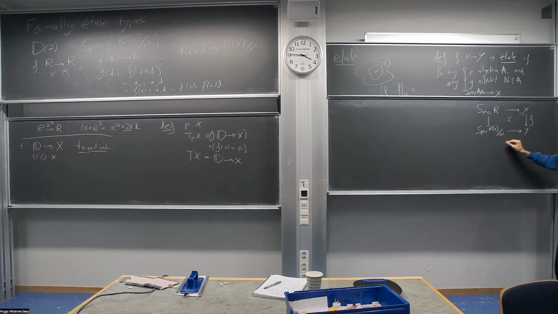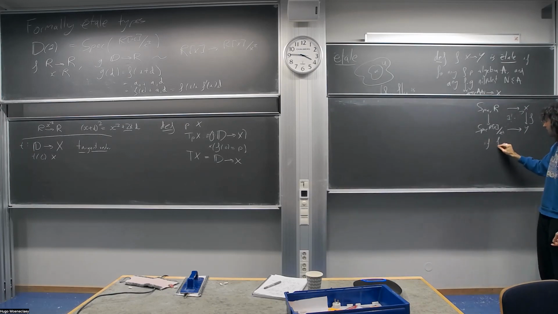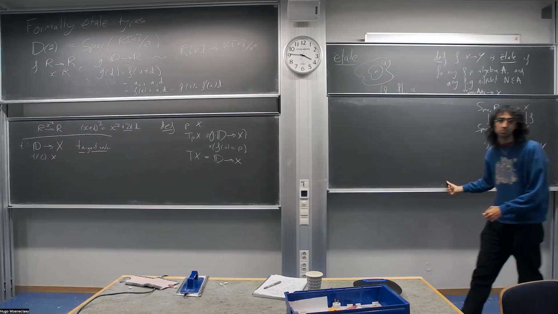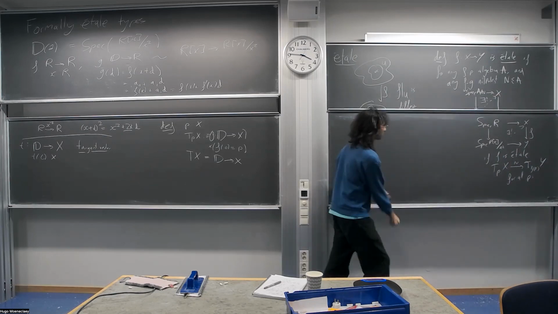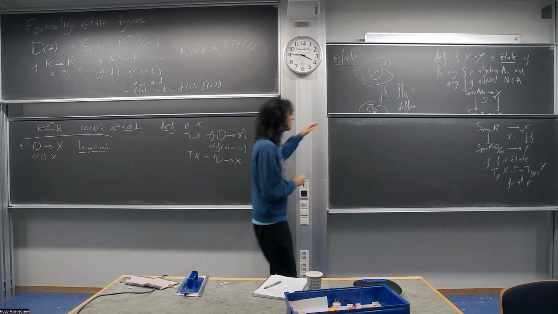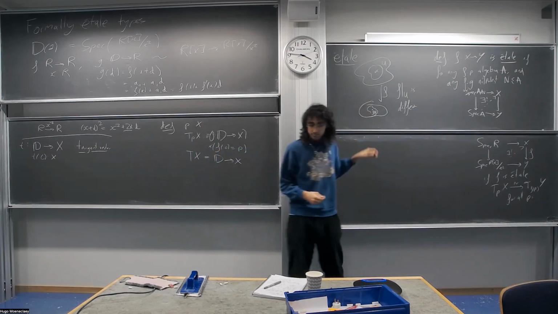So if f is étale, then the induced map T_pX to T_f(p)Y is an isomorphism for all p. And this maybe can be read as some infinitesimal preservation. In fact, in differential geometry, this is an equivalent condition.